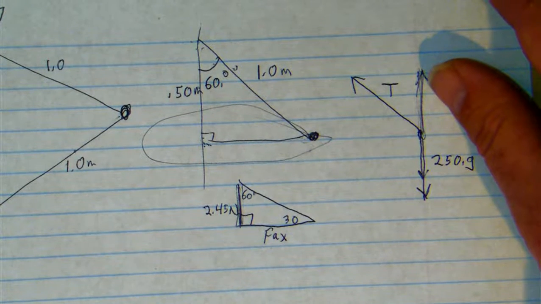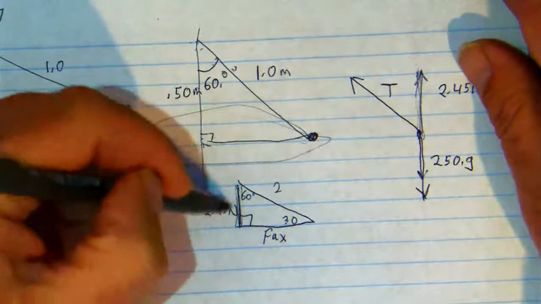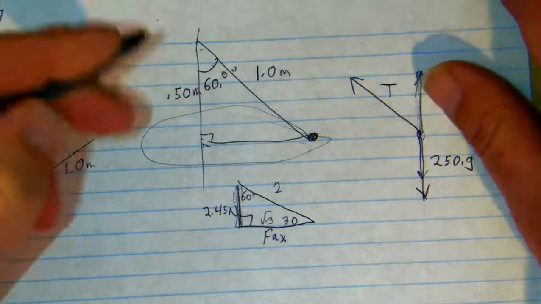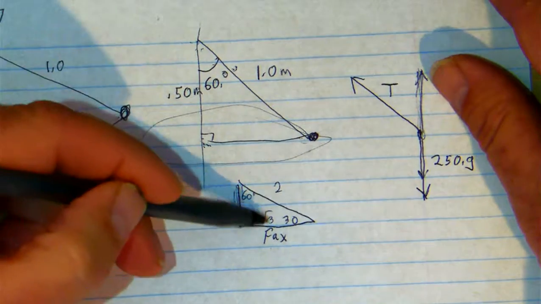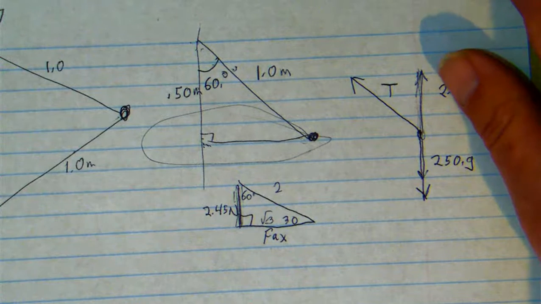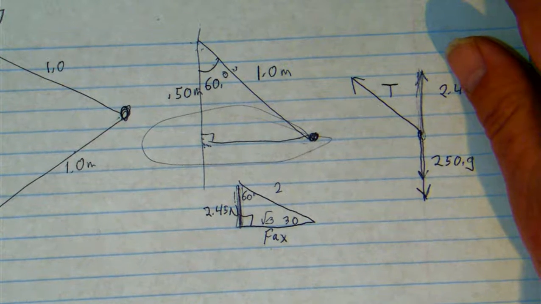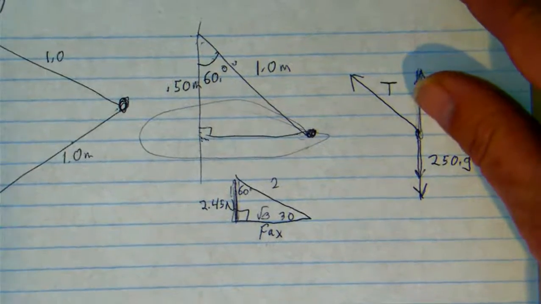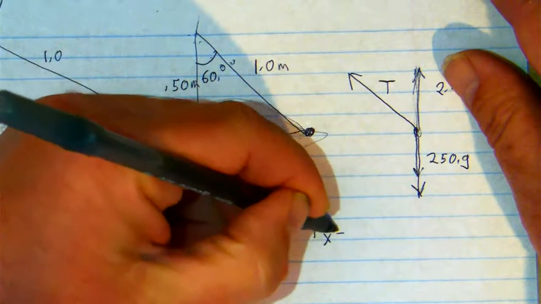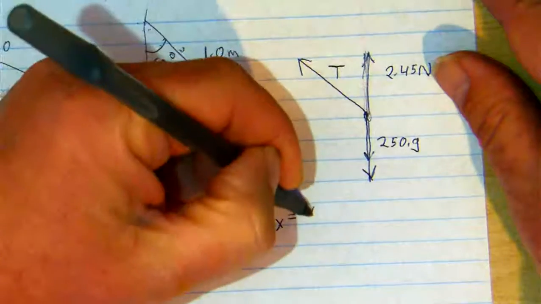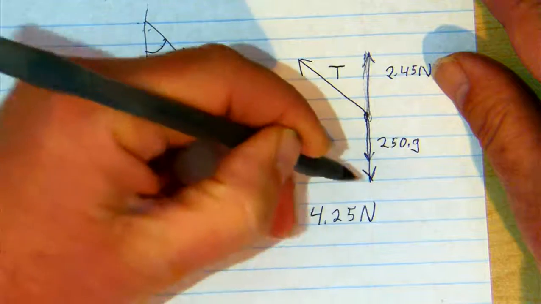And that one is related to the opposite leg. Let's see, this is 2, 1, radical 3. I could say it's square root of 3 times greater than 2.45. There we go. So if I multiply this by the square root of 3, then the horizontal component of the tension is 4.25 newtons.